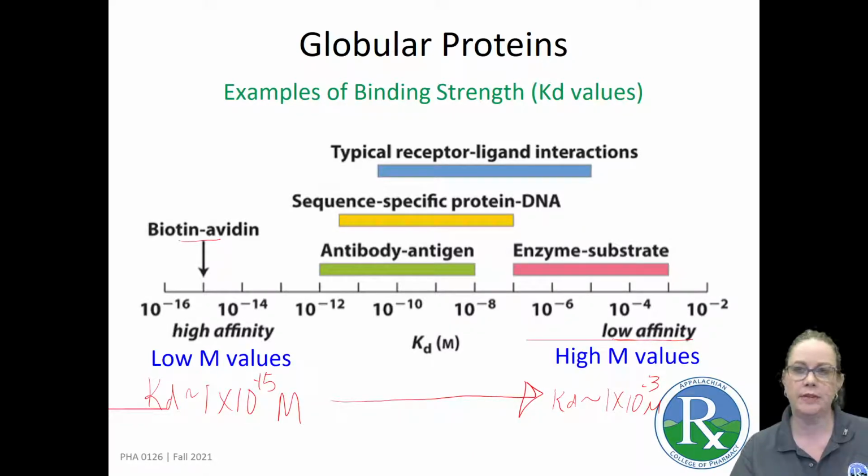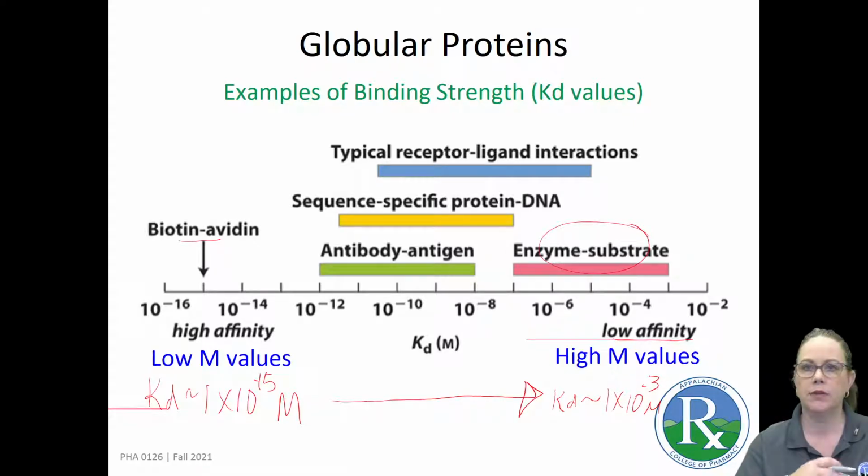Something with high affinity has a low Kd. Something with low affinity has a high Kd value. You can see that our enzyme substrate interactions are usually in the micromolar to millimolar range. That's because your substrates are designed to be recognized by the enzyme, be converted into product, and then released. So if your product wasn't released, it wouldn't be a very good enzyme.